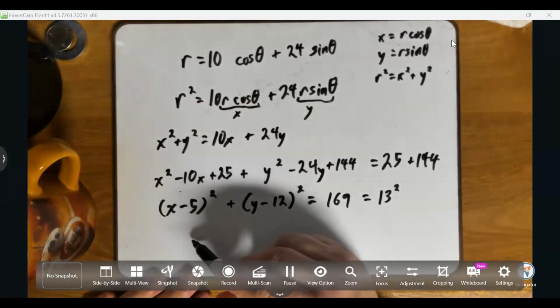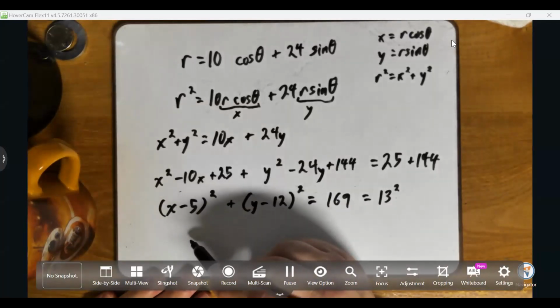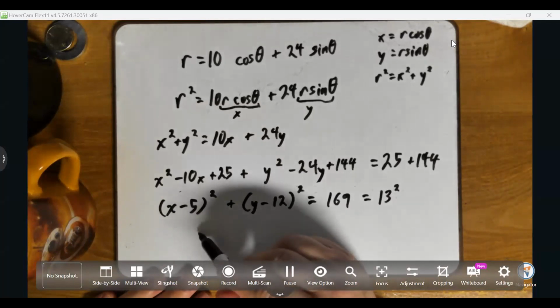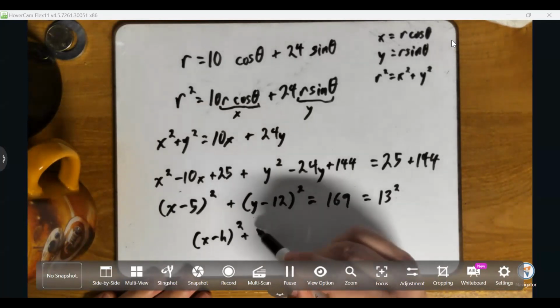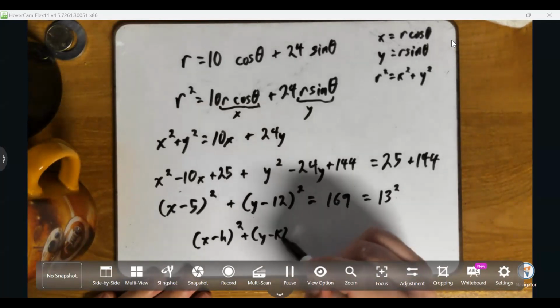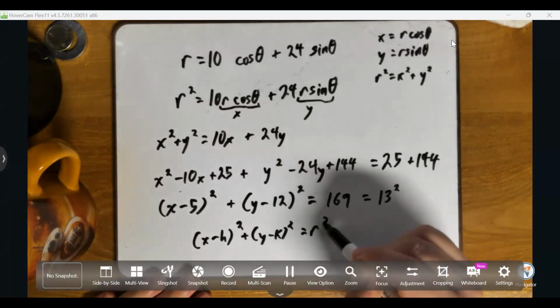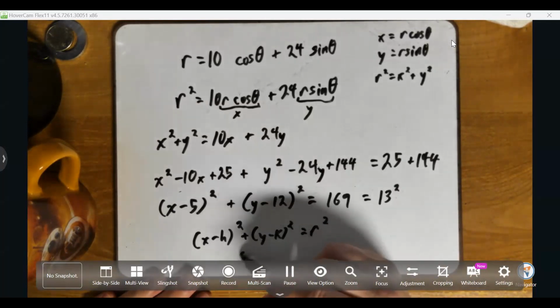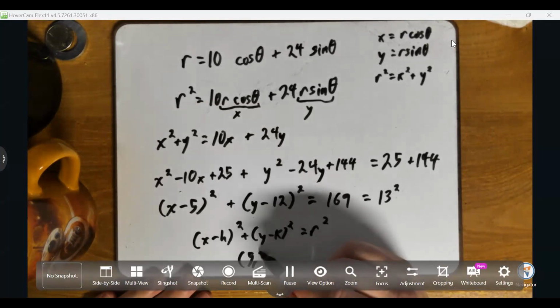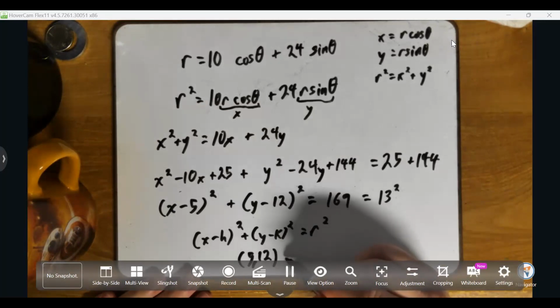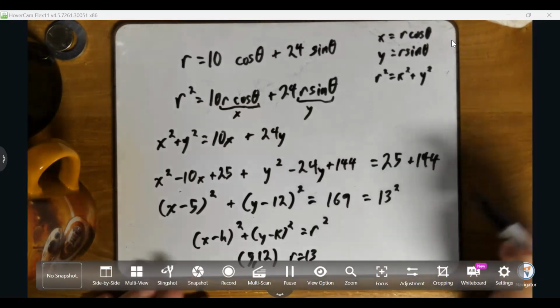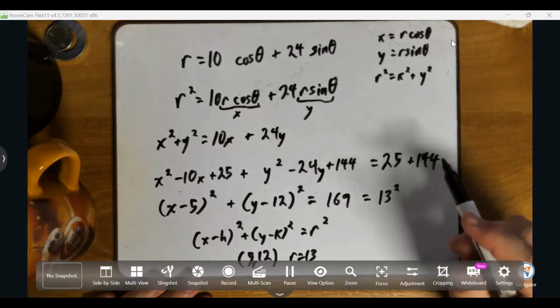All right, so now this is a standard form of a circle. The standard form of the circle is x minus h squared plus y minus k squared equals r squared. That's a circle with center 5, 12, and radius, since it's r squared, 13.